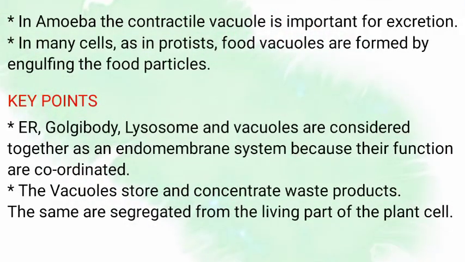Key points on endomembrane system. Endoplasmic reticulum, Golgi body, lysosomes and vacuoles are considered together as the endomembrane system because their functions are coordinated. The vacuoles store and concentrate waste products. The same are segregated from the living part of the plant cell.